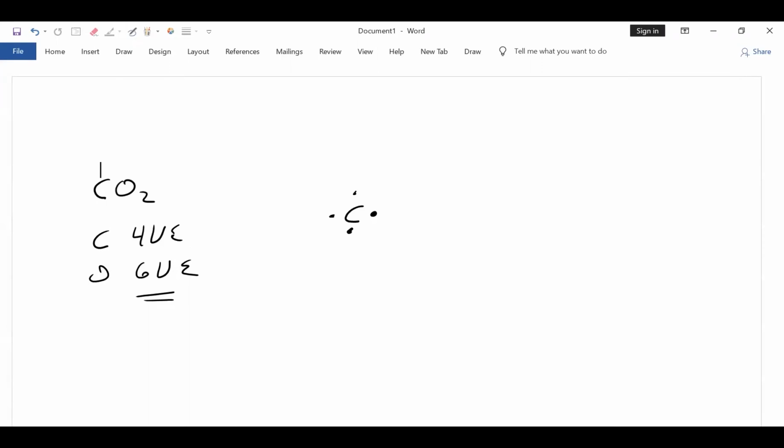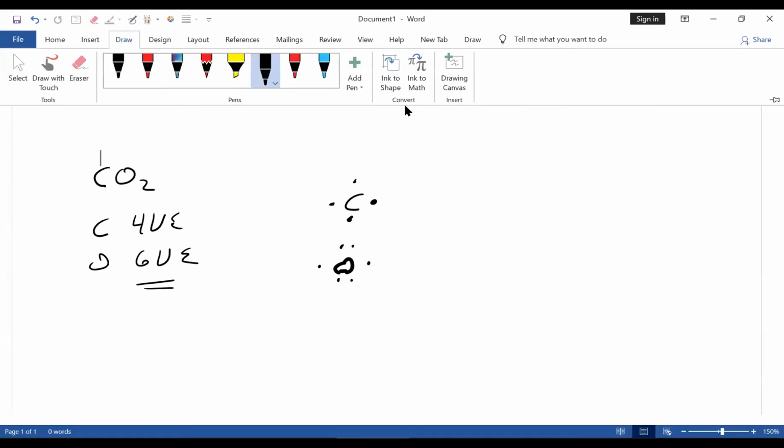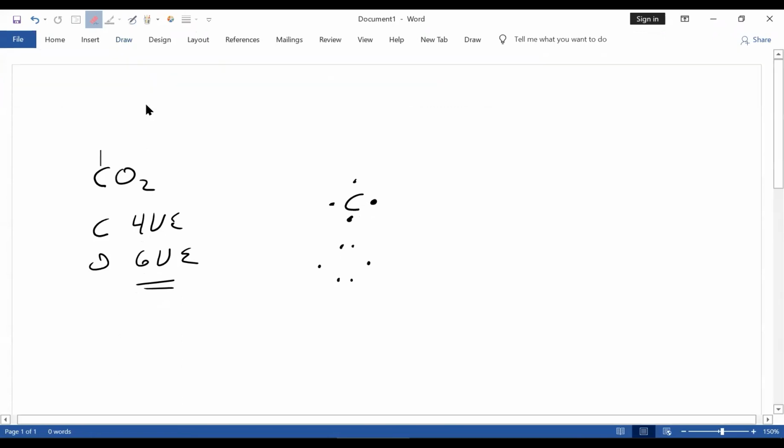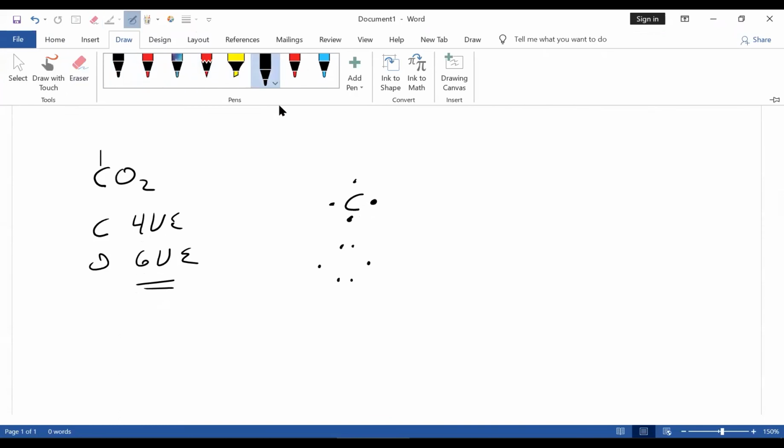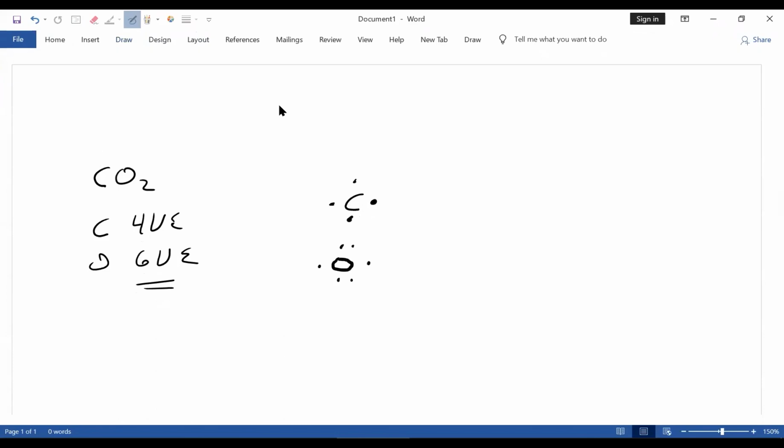All right, now oxygen. That's a sad looking oxygen. But anyways, oxygen has, hold on, that is disgusting. That's better. Has 6 valence electrons.